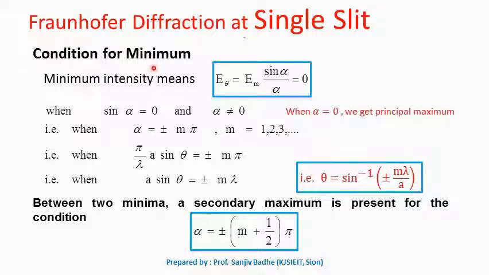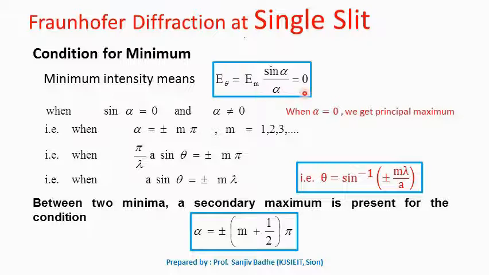Now let us find the condition for minimum. We will get minimum intensity when the resultant amplitude is equal to 0. Resultant amplitude E theta is equal to Em sin alpha upon alpha, and when this is equal to 0, we are going to get minimum intensity.